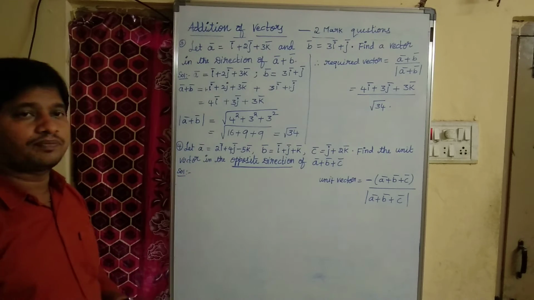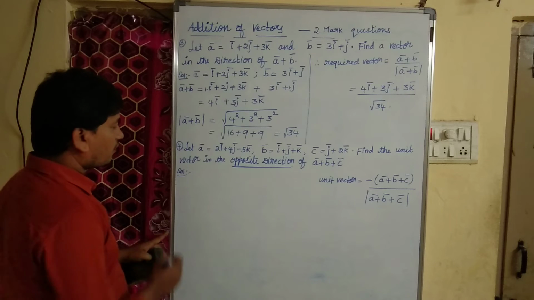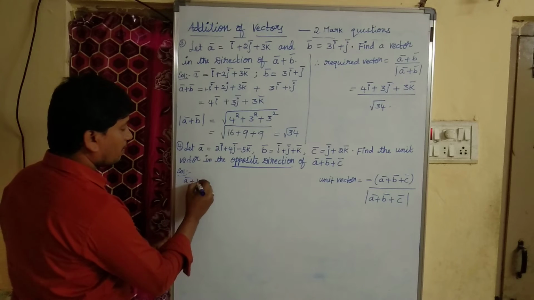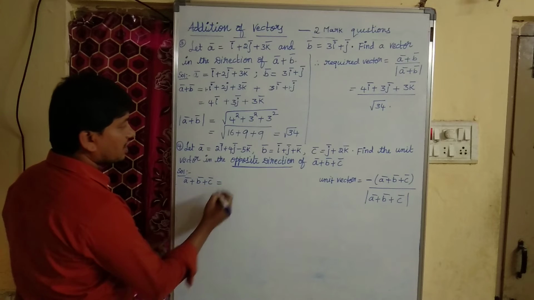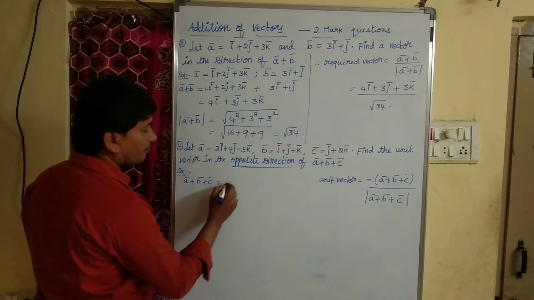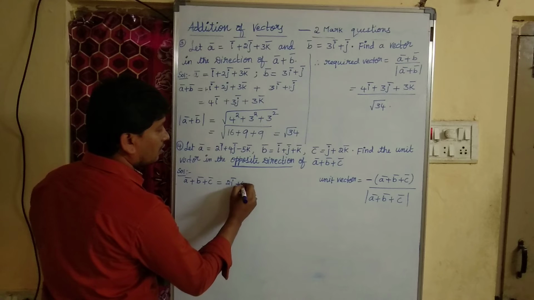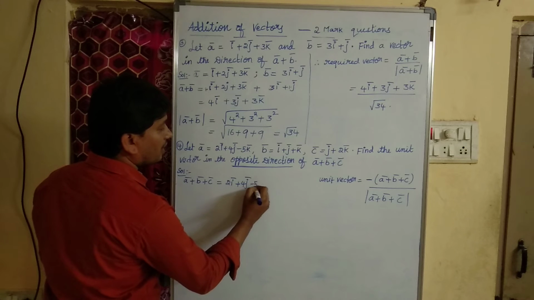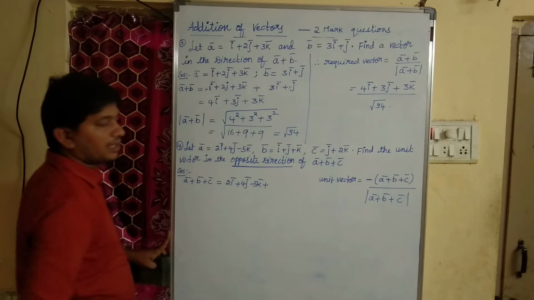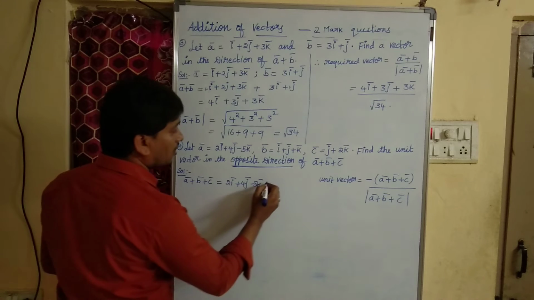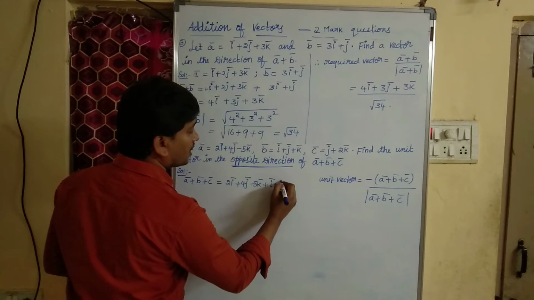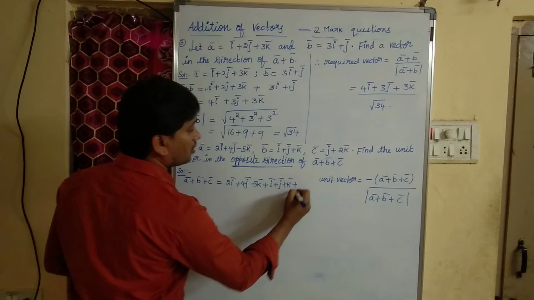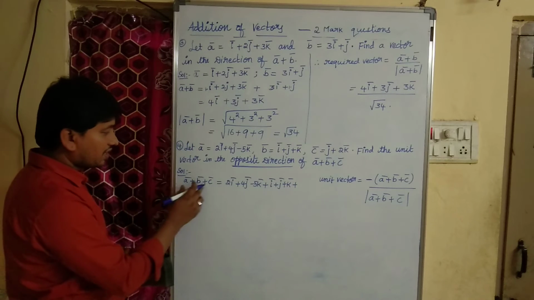The same procedure. So first of all, we have to find out A bar plus B bar plus C bar. What is A bar? 2I bar plus 4J bar minus 5K bar plus, what is B bar? I bar plus J bar plus K bar plus, what is C bar?